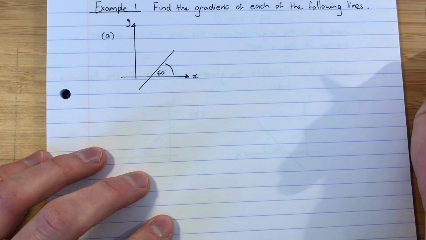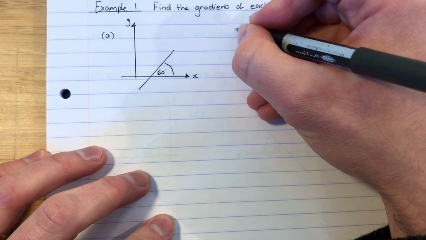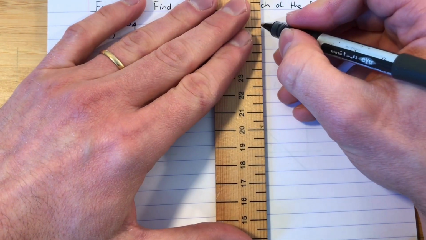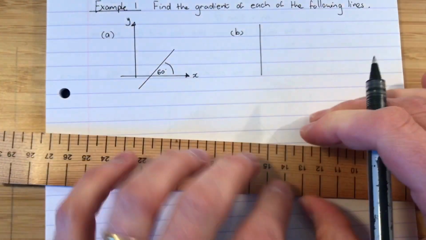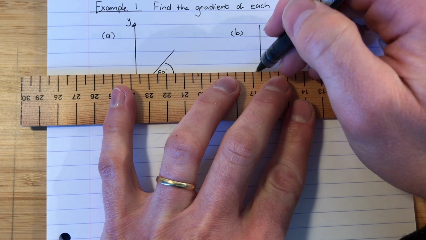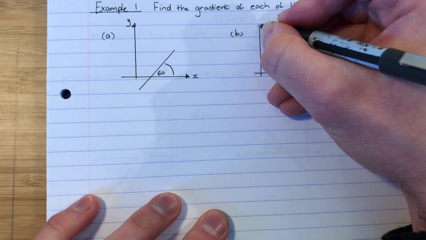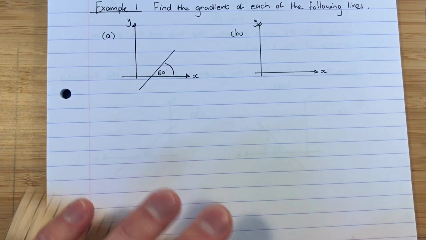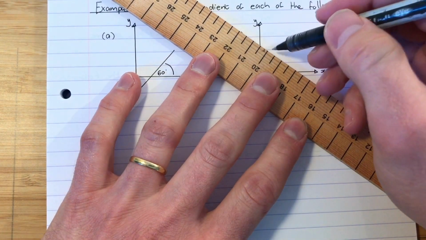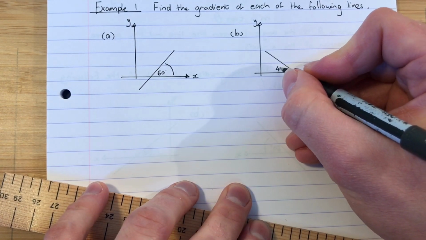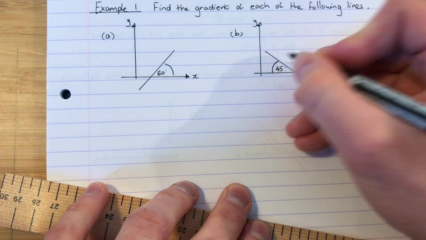And that is all we know about the line. For part B, I'll draw a similar set of axes. But this time I'm going to have a line coming down the way through the x-axis, and I'm going to tell you that this angle in here is 45 degrees.